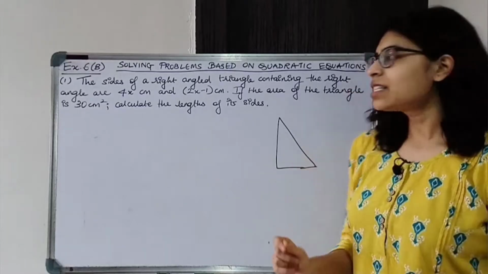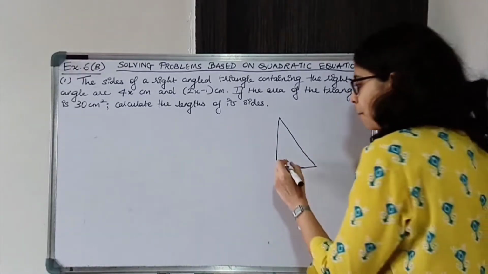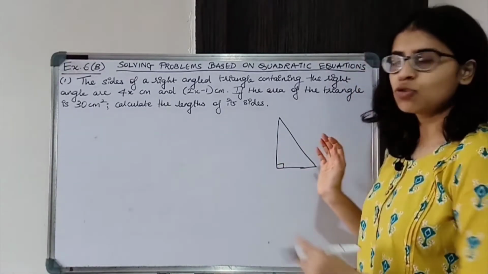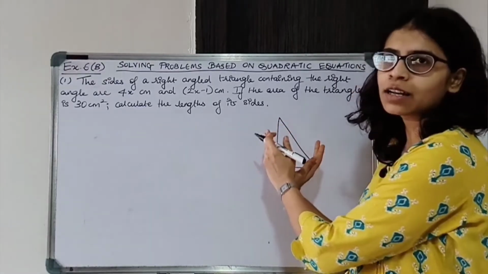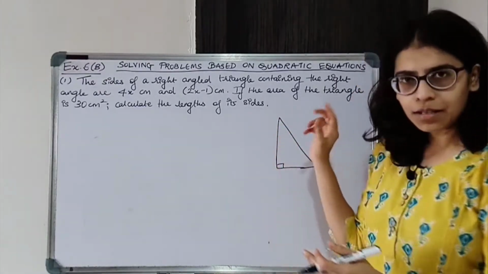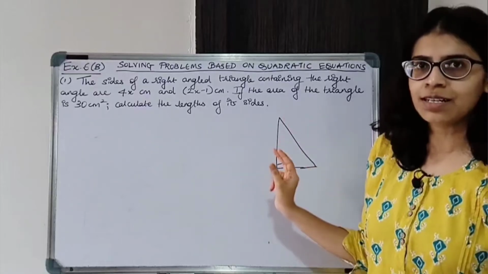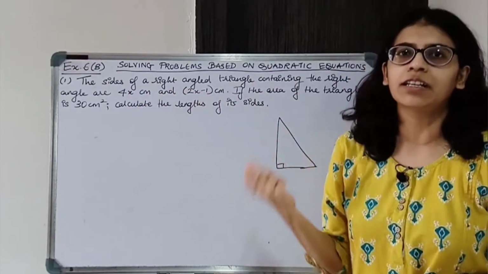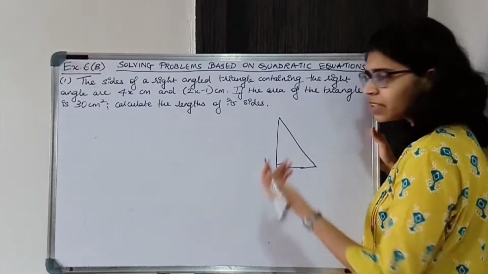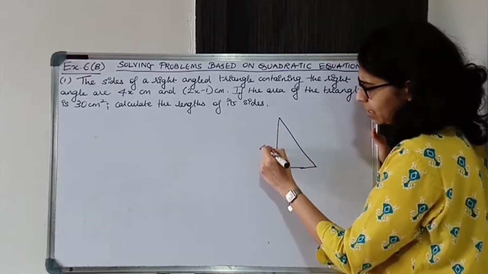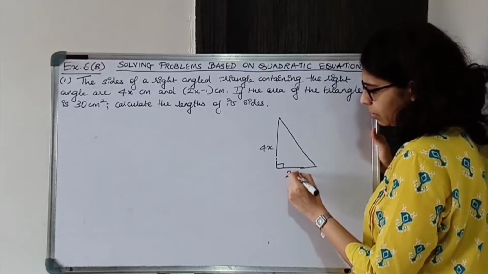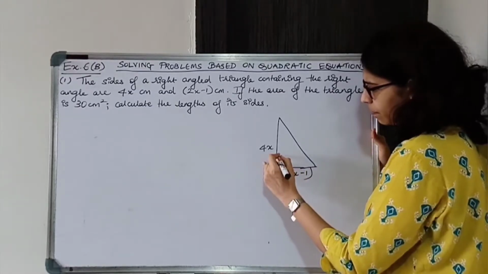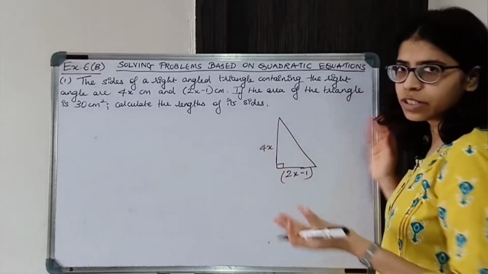So this means the sides which are forming the right angle, the sides within which the right angle is present, those sides are 4x and 2x minus 1. So consider one of them to be 4x and the other one to be 2x minus 1. You can also take the other way around, it does not matter.